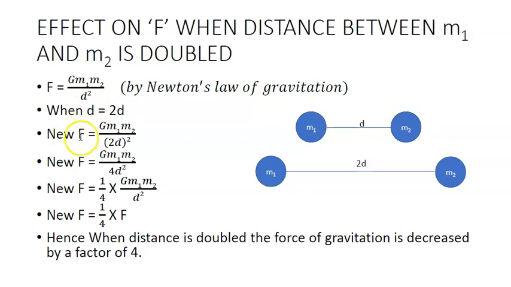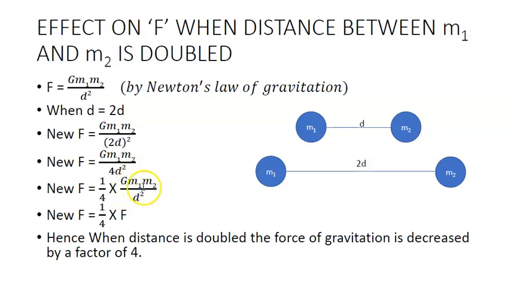So the new force is equal to G m1 m2 upon 2d the whole square, giving new F is equal to G m1 m2 upon 4d square, which can also be written as new F is equal to 1 upon 4 into G m1 m2 upon d square.